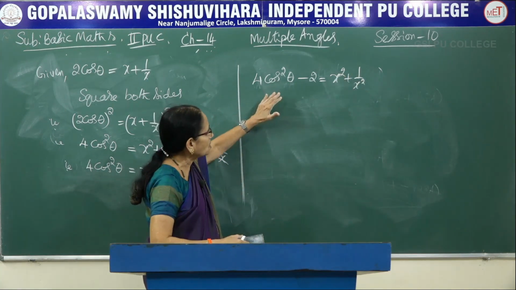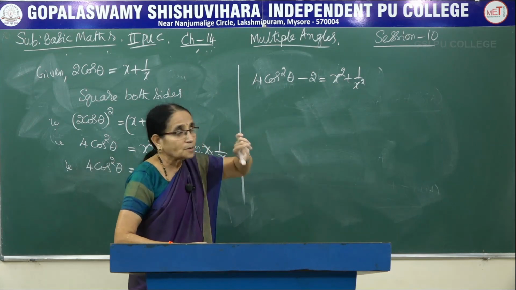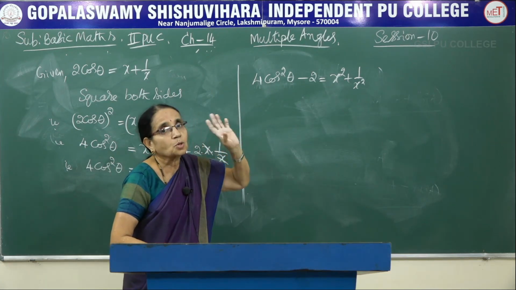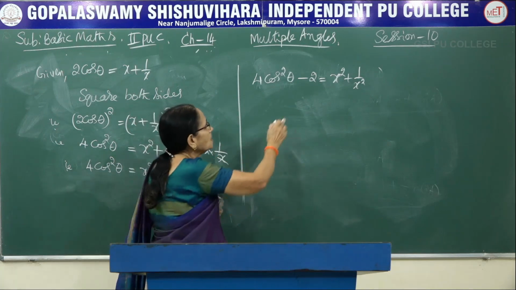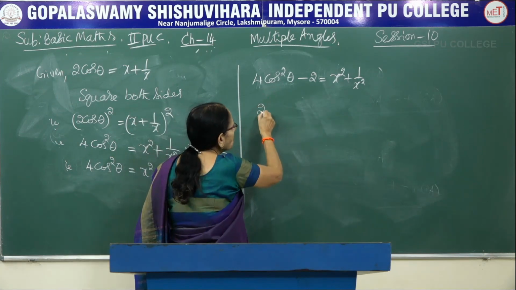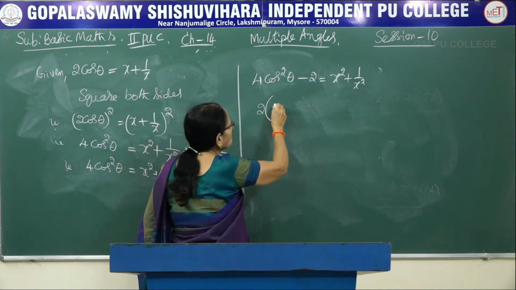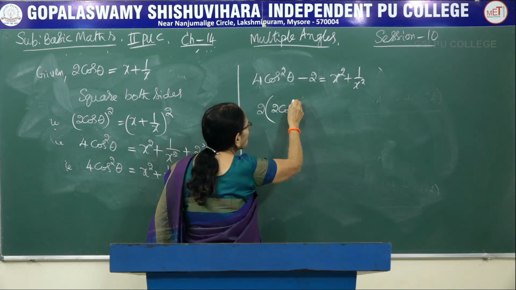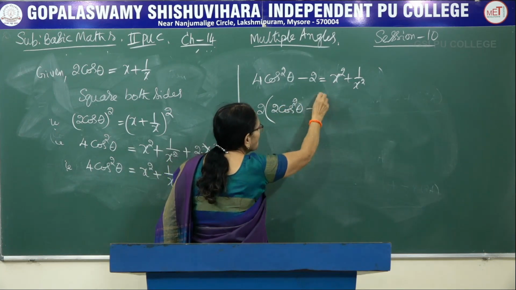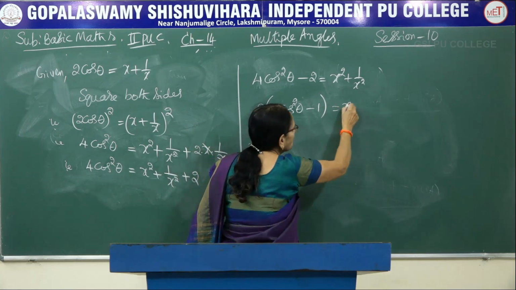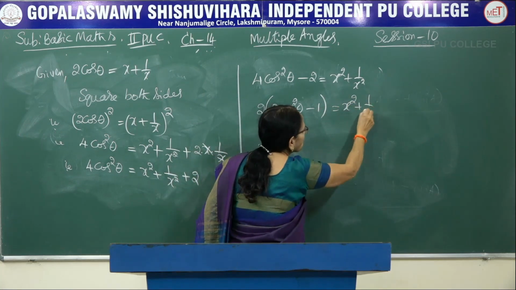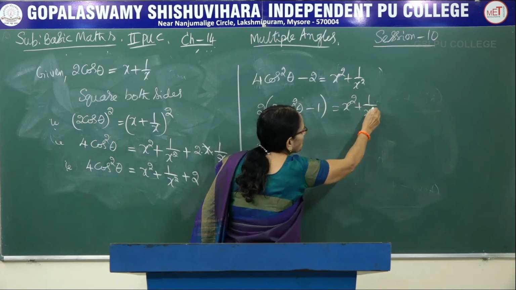So I have to get on the left hand side the answer 2 cos of 2 theta, that is a multiple angle. Look at this one, we have got a common factor 2, take that outside, it is 2 into cos square theta minus 1. Right hand side answer is already obtained, it is x square plus 1 by x square.